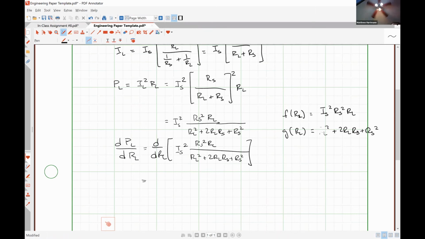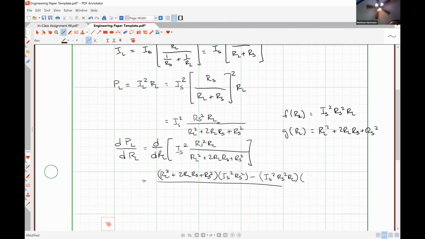So the quotient rule says that we take the g term, RL squared plus twice RL RS plus RS squared, times the derivative of the f term, so that's going to be IS squared RS squared, minus f of RL, so that's IS squared RS squared RL, times the derivative of g of RL.